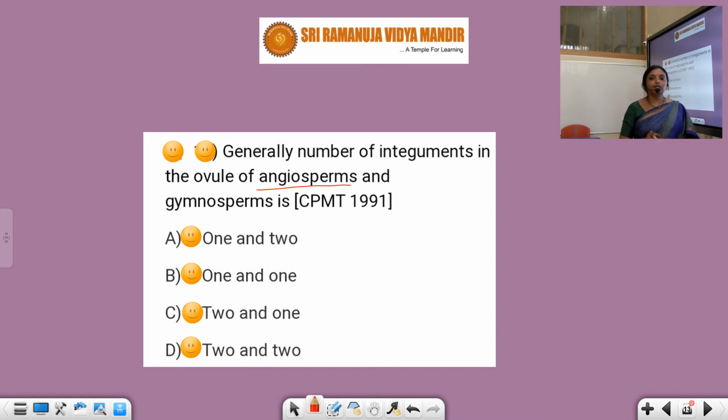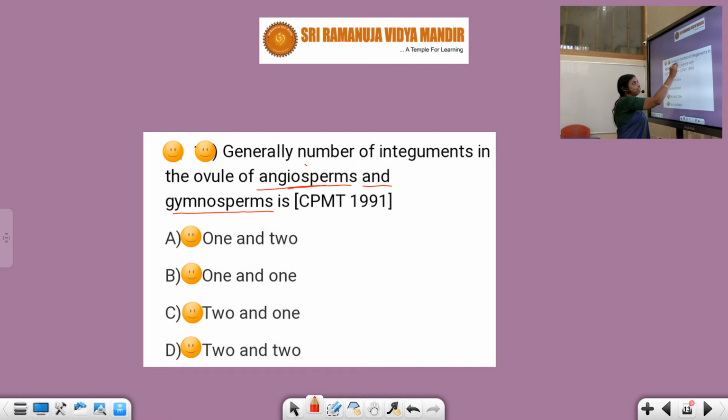The second is unitegmic, that means a single integument is present, which is the characteristic feature of gymnosperms. And bitegmic ovules are seen in angiospermic plants. So what is the question? The number of integuments in the ovule of first angiosperms and next gymnosperms.